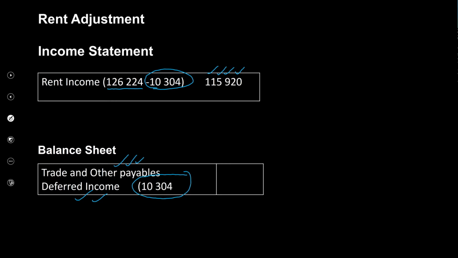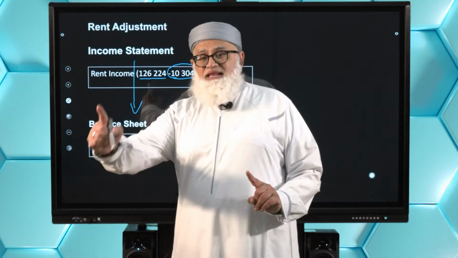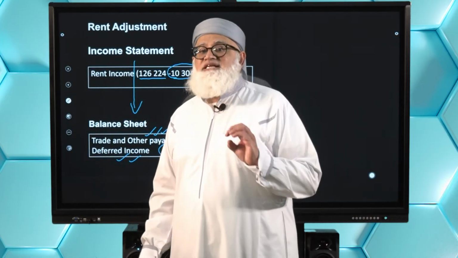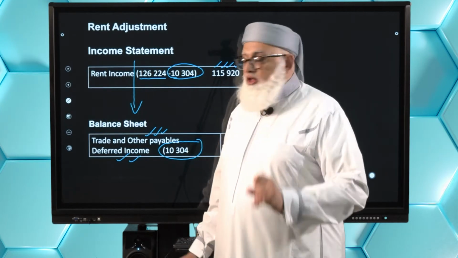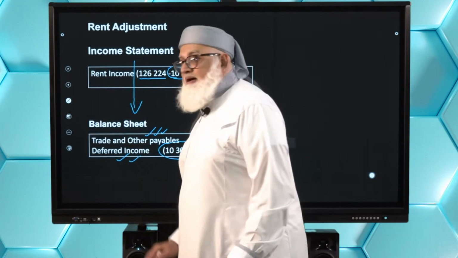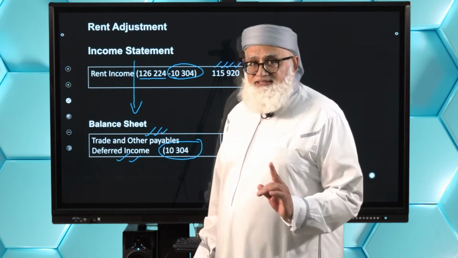So we're showing you the link between the income statement and the balance sheet. Notice that an adjustment will impact on both the income statement for the operating expense and in the balance sheet for the deferred income, which is a temporary liability.